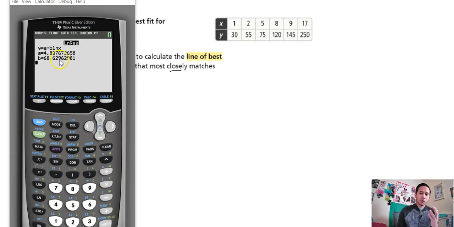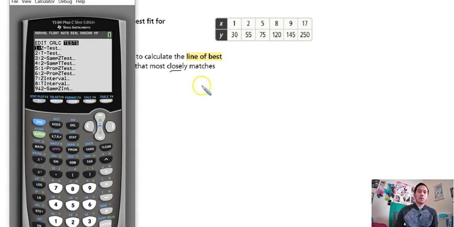Now, I want you to move into the more detail of the linear regression. How to do that? I want you to go to stat, and then instead of calc, you go test. Okay. Once you reach test, I want you to go down, and you will see here linear regression test.